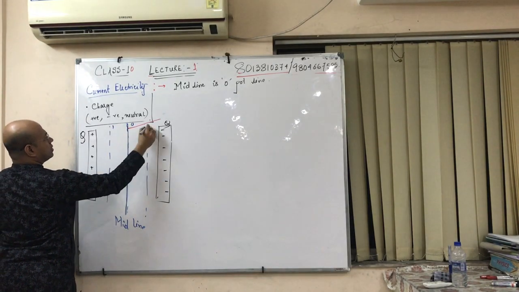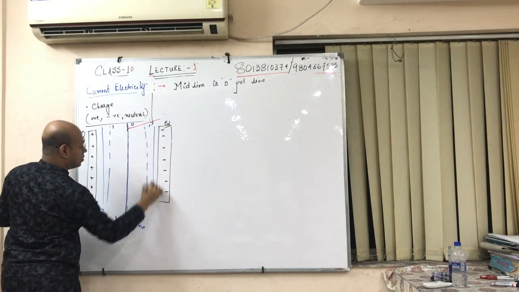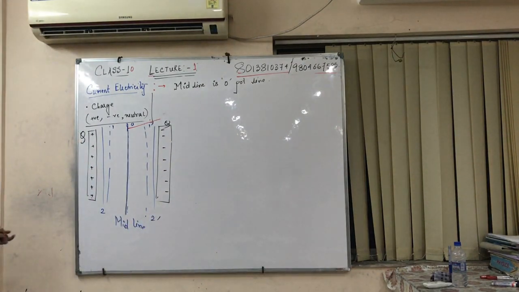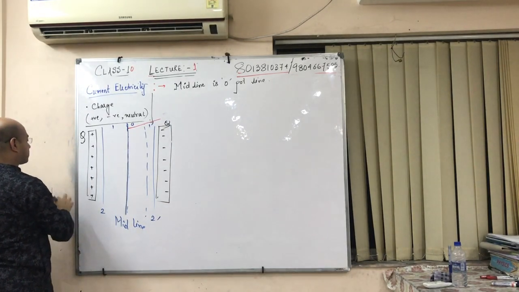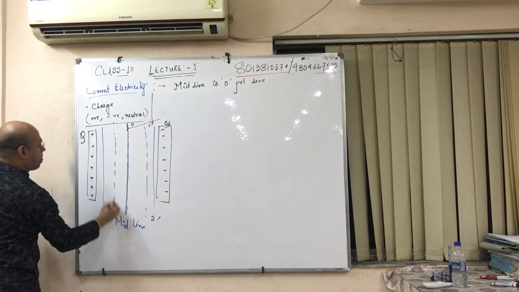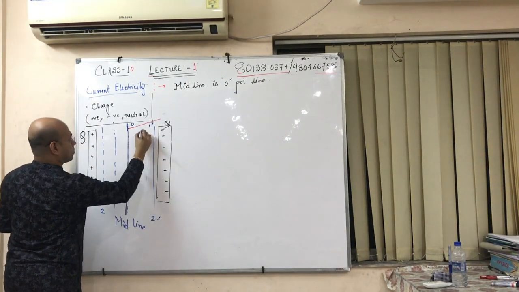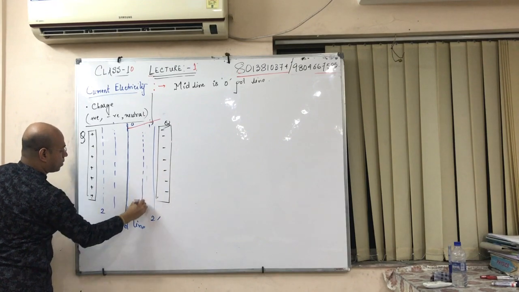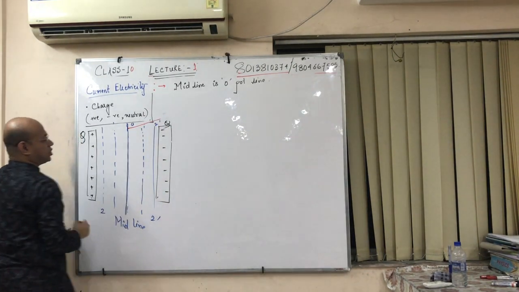This is 1, this is 1 dash, this is 2, this is 2 dash. I am just naming the lines.